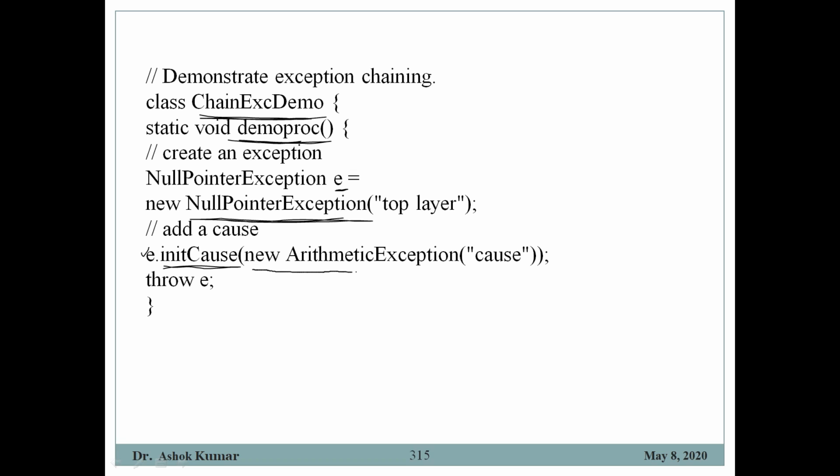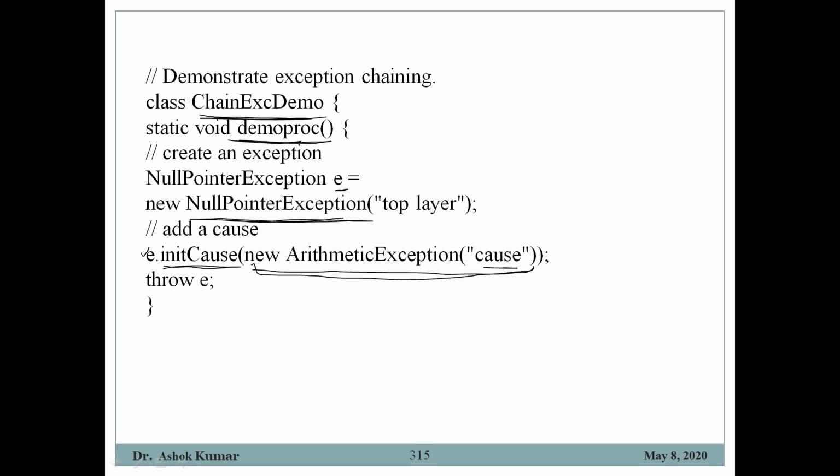So the reason for the exception is, let's say, ArithmeticException. Here we are creating the object of ArithmeticException, and this is the cause of the NullPointerException. So the actual exception that will occur is NullPointerException, but the reason behind the occurrence of NullPointerException is the ArithmeticException.